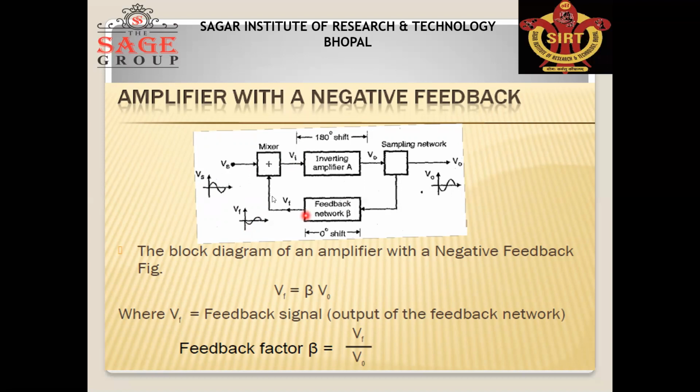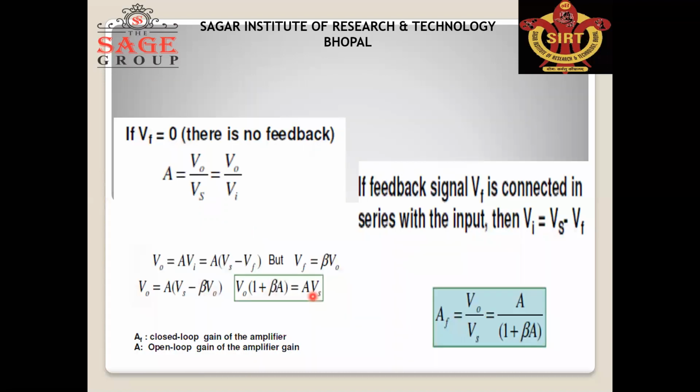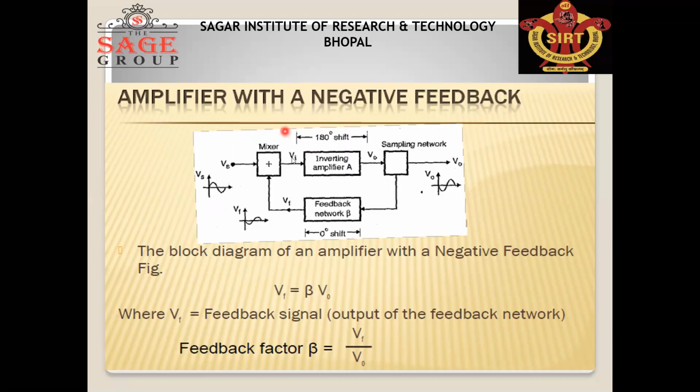The feedback signal will be beta times V naught, where beta is the feedback fraction. Since part of the output goes back to the input, beta denotes that part of the output, such as 1 by 2 or 1 by 3. It is always less than 1. If the feedback signal Vf is connected in series with the input signal, we get the difference of these two signals.